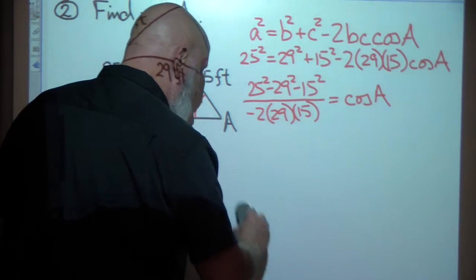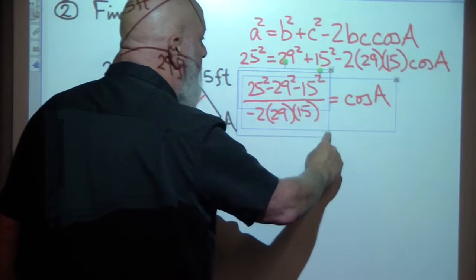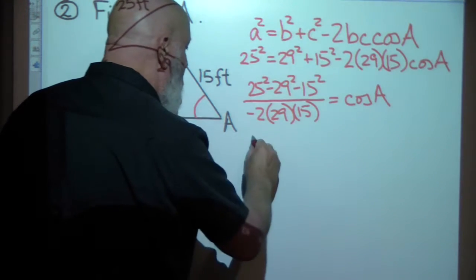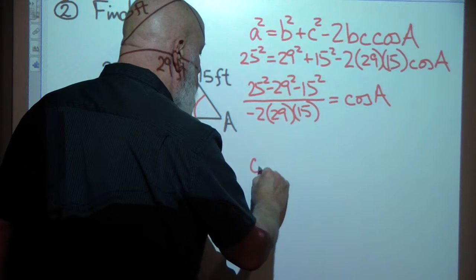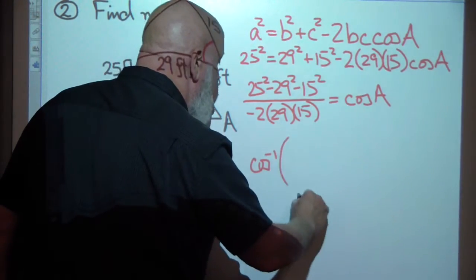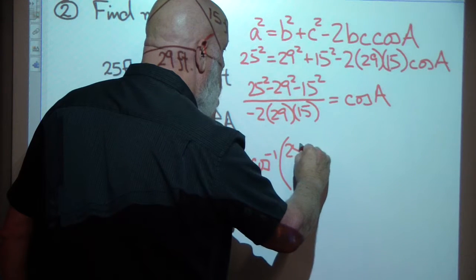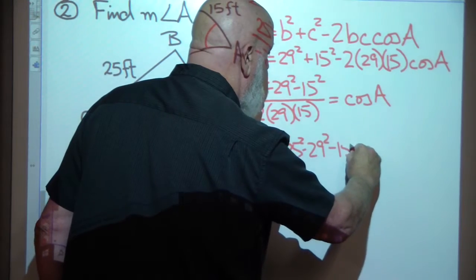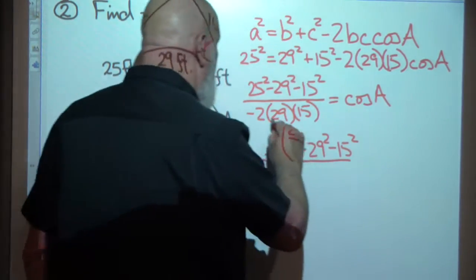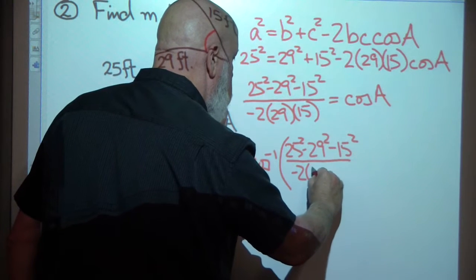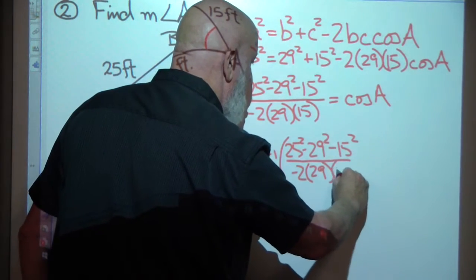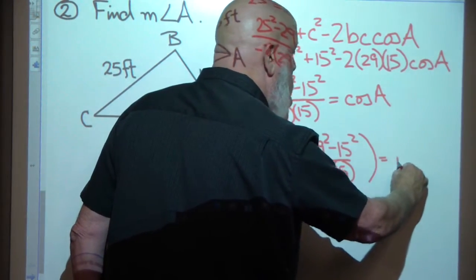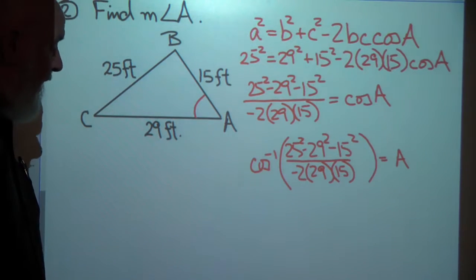So this will be the inverse cosine. Let's see if I can duplicate this. It's not going to let me, I don't think. Well, I tried. The inverse cosine of this will equal A. And that's if I haven't made any mistakes.